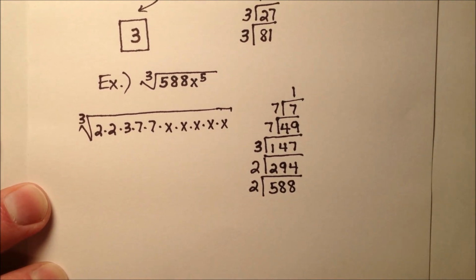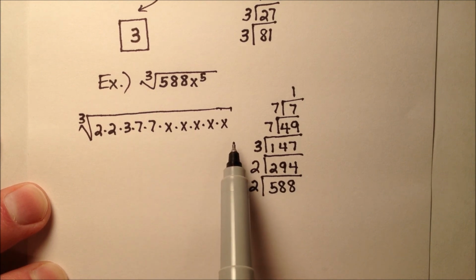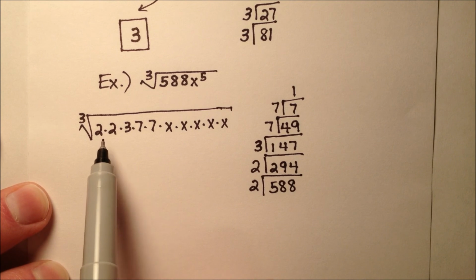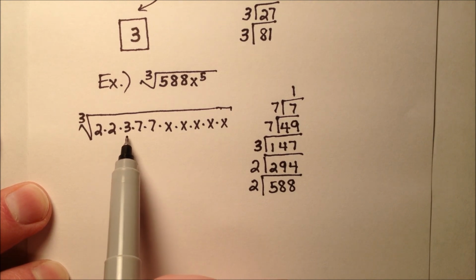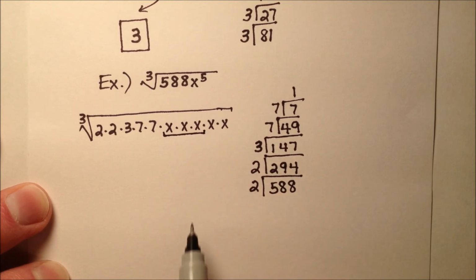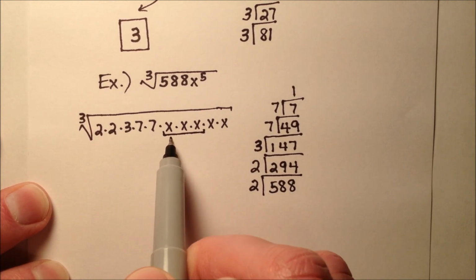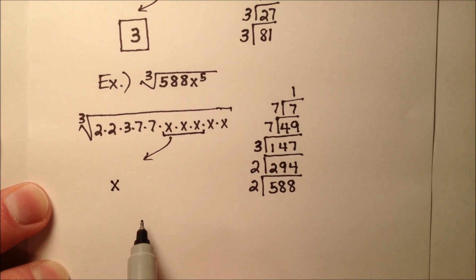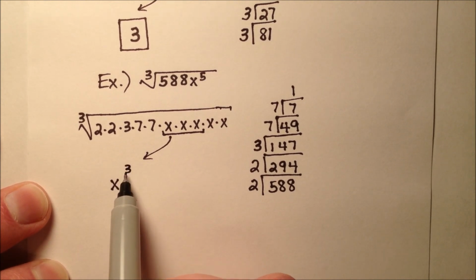Okay, so I've got a whole string of numbers here, and we're finding groups of 3 that we want to take out of there. Well, are there any groups of 3 with my numbers? Nope. Only my x's have a group of 3. So I'll have one x that makes it on the outside, and actually everything else gets left in there.